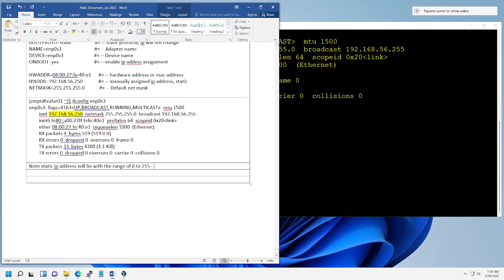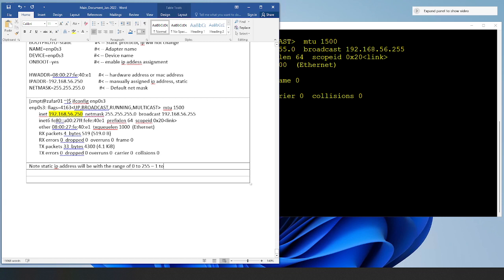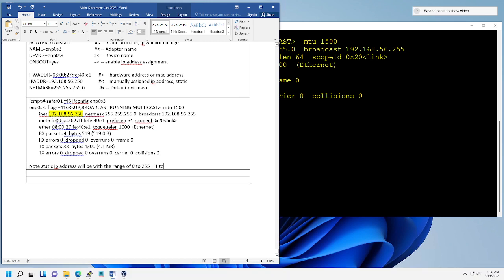And the only ones you would have left are anything between 1 and 254. Actually, 1 is already taken, so 2 to 254.